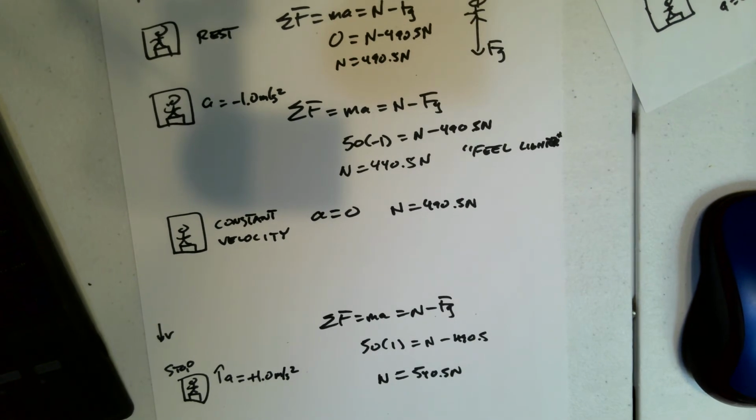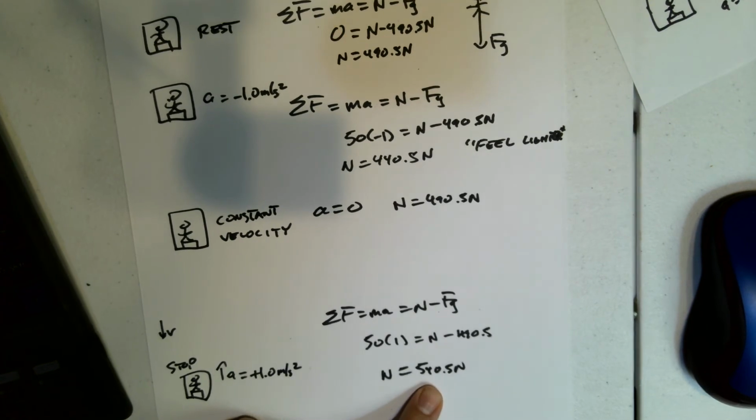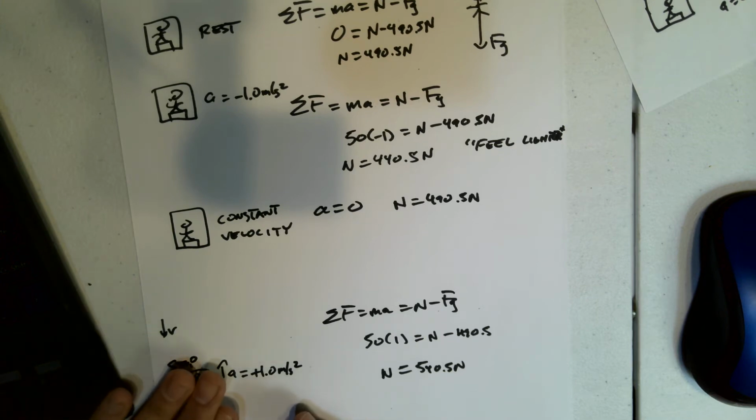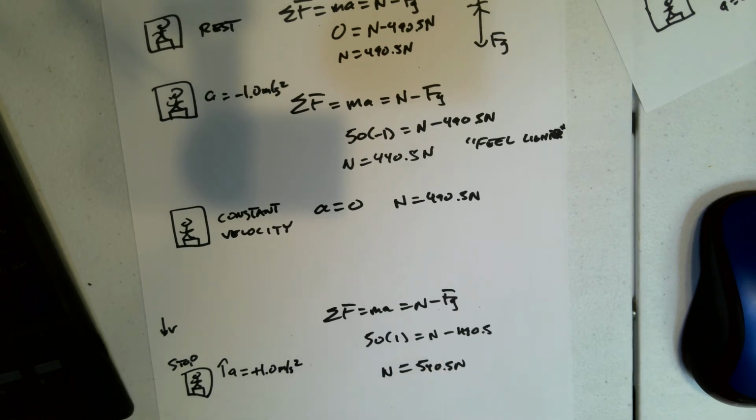And it turns out that in all these cases, I gave you an acceleration of 1. But if this were a larger value, it's going to affect N more. In fact, if it slowed to a stop a lot more rapidly than this value right here, you would get a much larger value of N, so you feel even heavier. So this effect is increased with a larger acceleration.